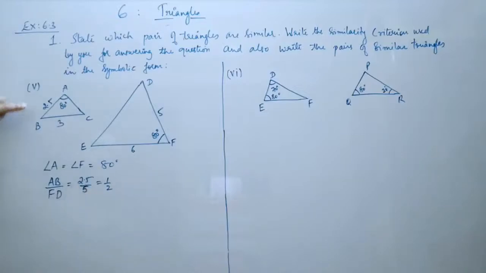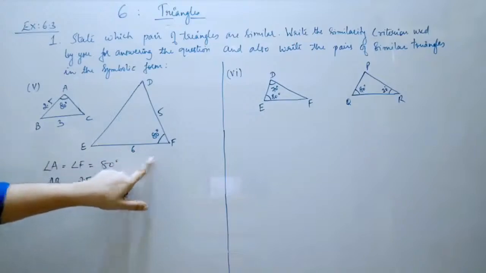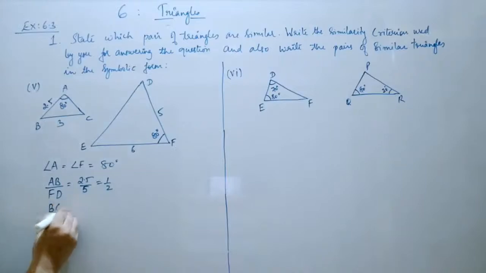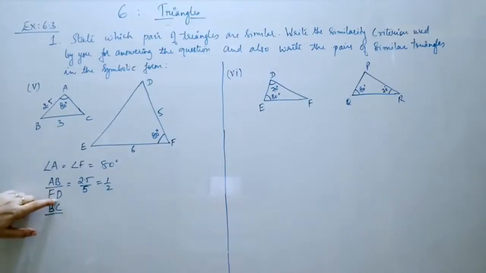Then the other side is BC and here it is EF. We have already seen that wherever you have A, you have F. Now if I am writing BC, correspondingly I need to write D, so it will be DE, right?